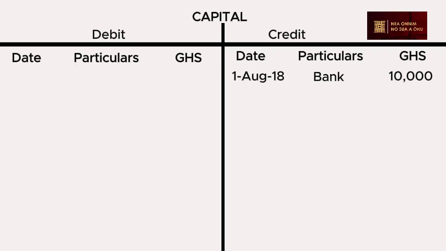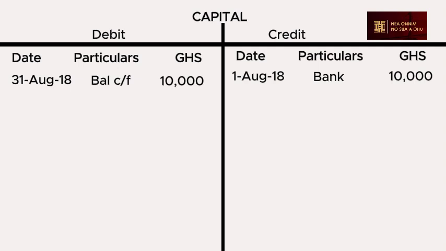What that means is we need to record a balance carried forward of 10,000 on the debit side for the date 31st August, because it's the final day of the month. So the date will be 31st August, the particulars will be balance carried forward, and the amount is going to be 10,000 Ghana cedis.